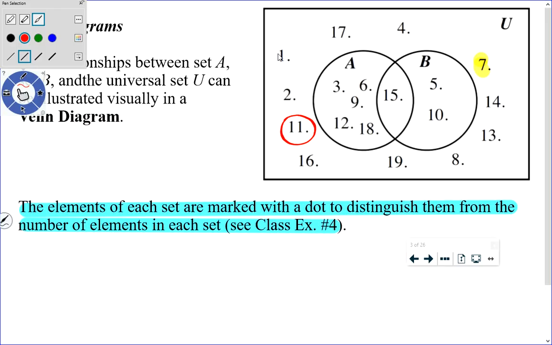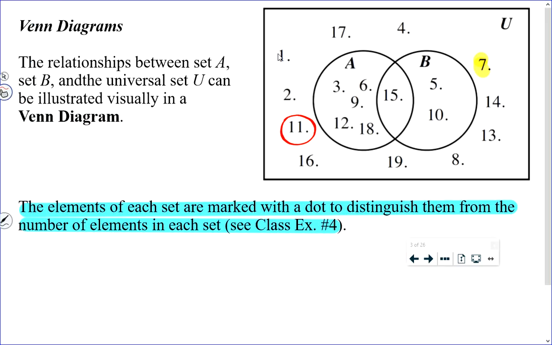That's telling you that the item is the number 11. Later on, we'll see that if there is no dot, then the number is telling you how many items are in that region. And you'll get used to that. But when you're listing elements that are numerical, like the number 1 or the number 17 or 15, you have to put a dot after them.